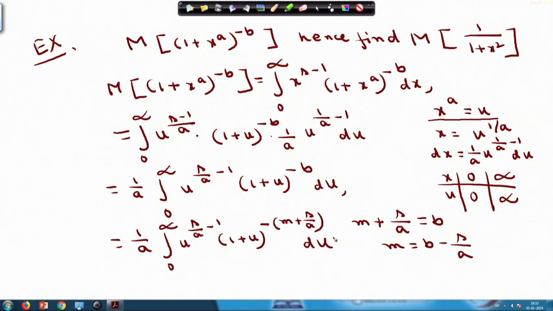So, effectively, now your Mellin transform of 1 plus x to the power a to the power minus b I am writing as this integral.